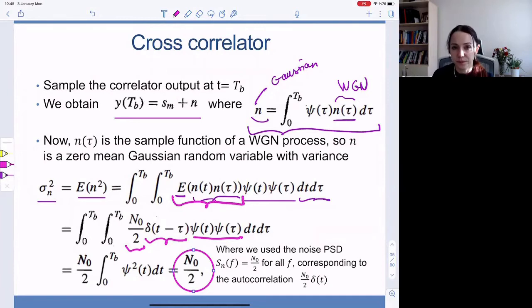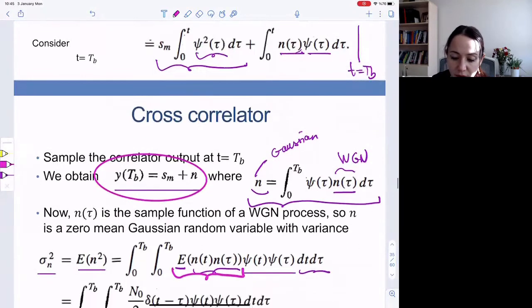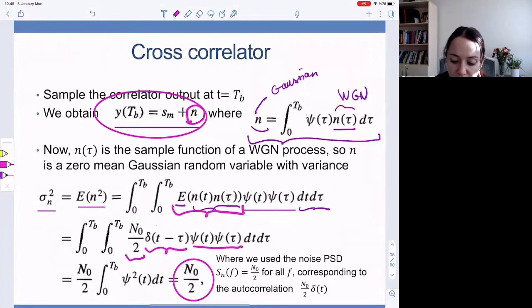So at the input to our detector, we have a scalar plus noise. The value of the scalar is either, in the antipodal case, square root of Eb or negative square root of Eb. And the variance of this noise n is exactly equal to N0 over 2, which is our power spectral density. I think it's pretty neat.